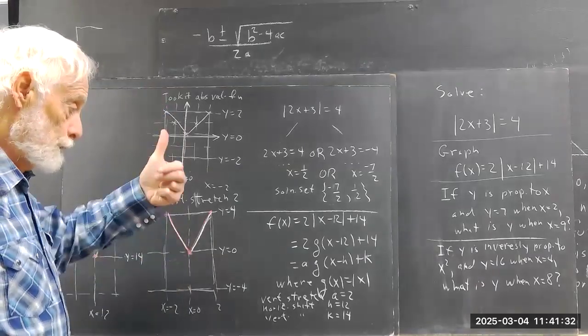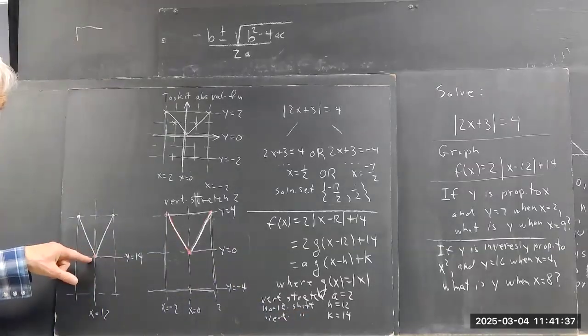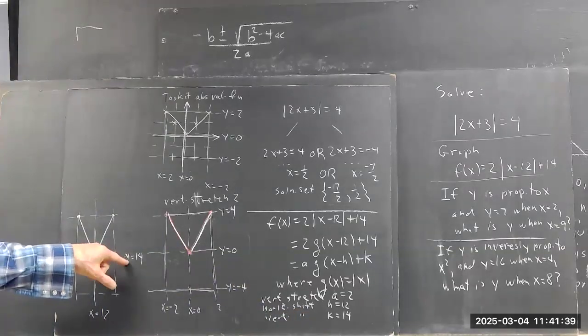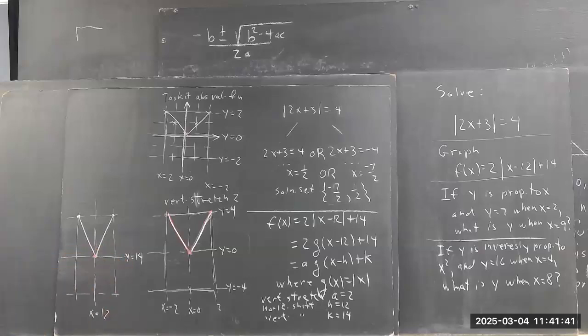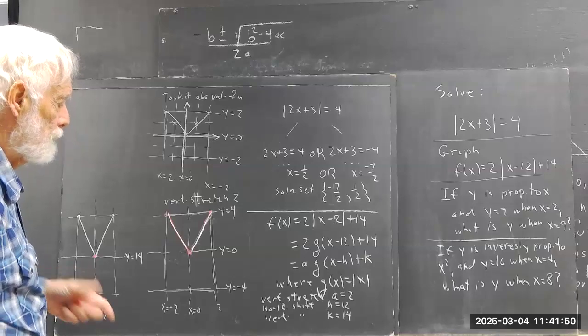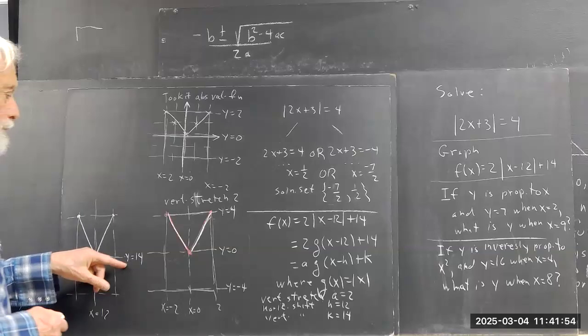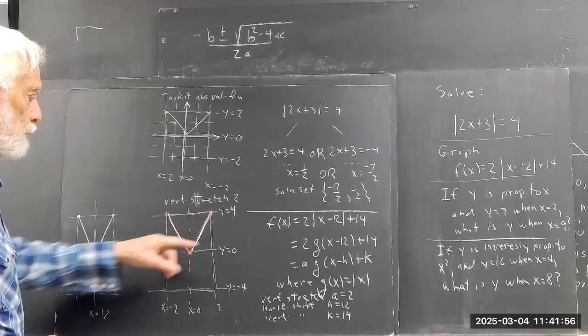Then you vertically shift it 14 units so that the vertex has to shift up to y equals 14. The scale is identical. When I say the scale, the size of the rectangle is identical. So instead of y equals 0, you have y equals 14.